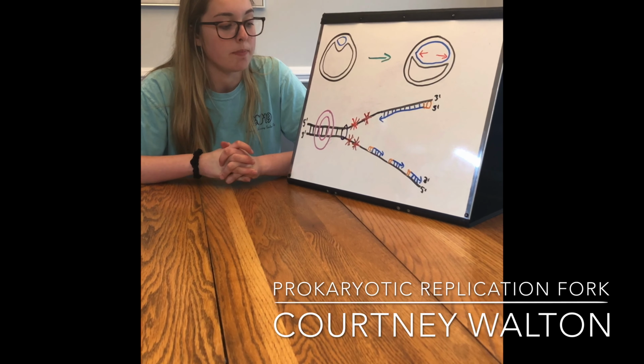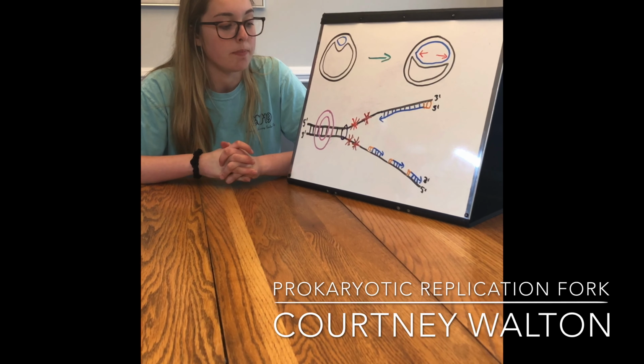And then the lagging strand is the strand that is going away from the replication fork, and this forms Okazaki fragments through discontinuous replication. Every single one of these is an Okazaki fragment. The leading strand only requires one RNA primer, and the lagging strand requires an RNA primer in front of every Okazaki fragment.